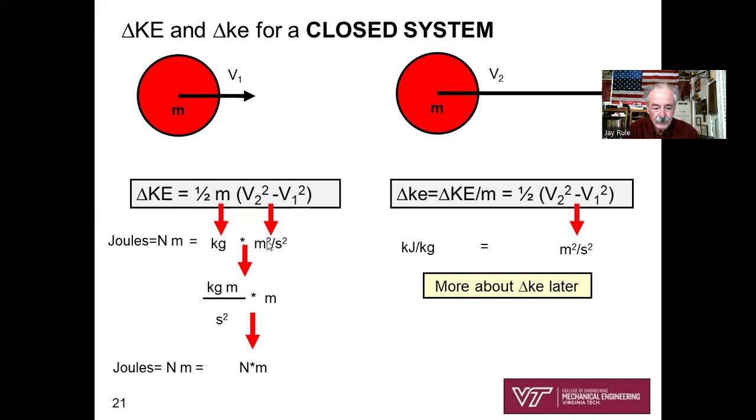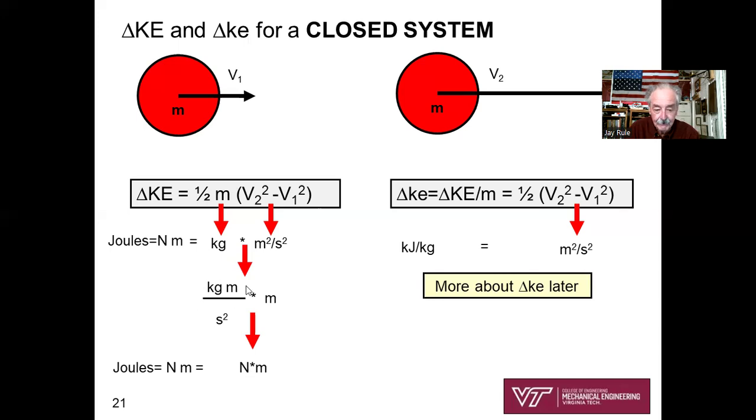We got to look a little closer to see if our units match. We can show this. Let's take this meter squared and split it up into meters times meters. We'll pull that over to the left, and we're going to have kilogram meter per second squared over here times a meter. I remember what a kilogram meter per second squared is from the first day or two of class.